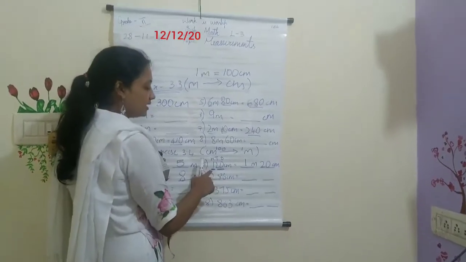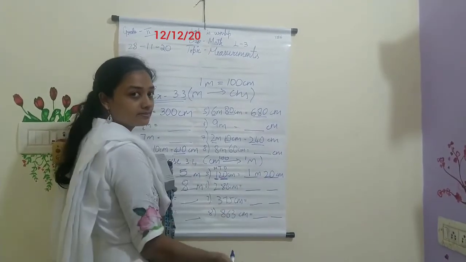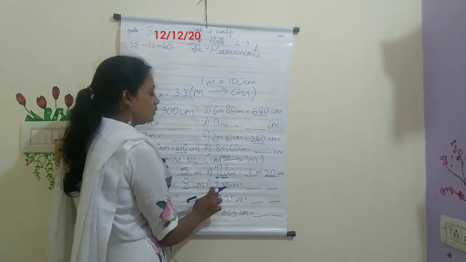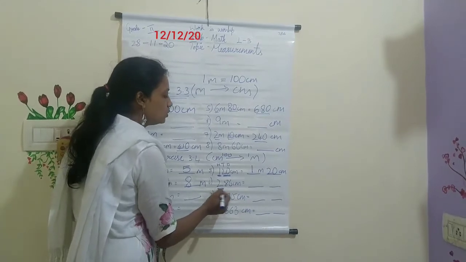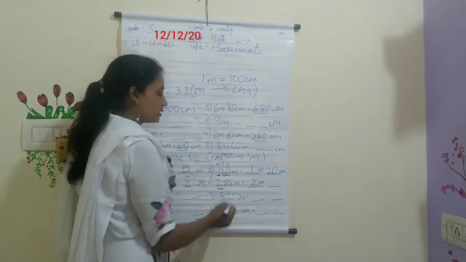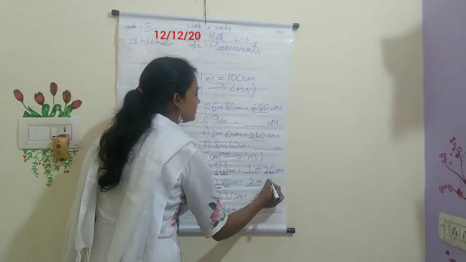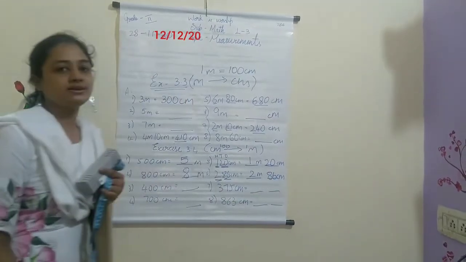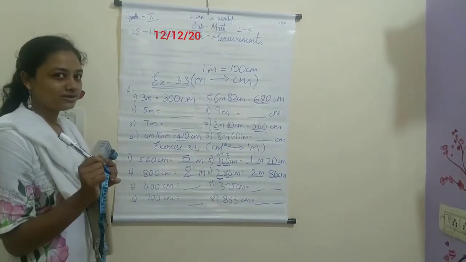So I have written 1 meter, 20 centimeters. Now let's go for sixth one. I have 286. So this 2 is my meters. 2 meters. 86 will be my centimeter. 86 centimeter.